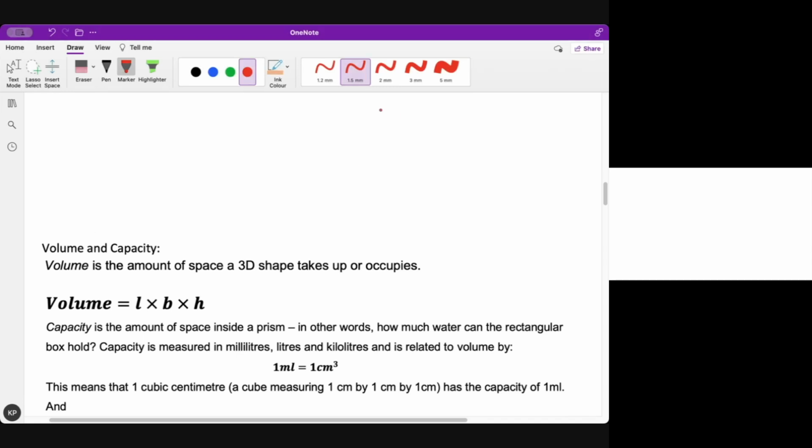Okay. So volume is the amount of space a three-dimensional shape takes or occupies. So for volume, think about storage, right? Where would I put this thing? Where would this box fit in the house?